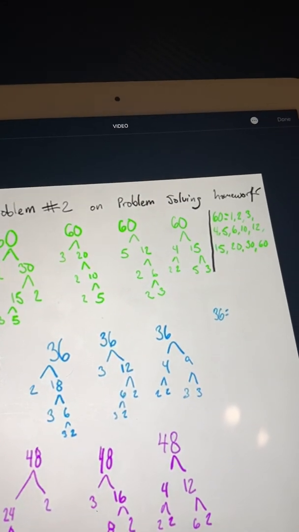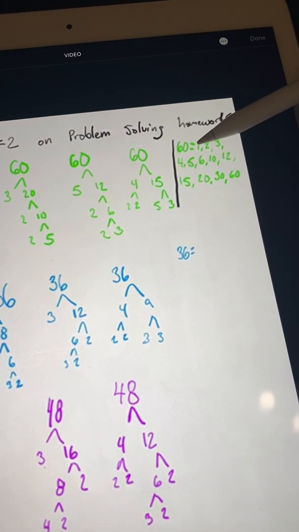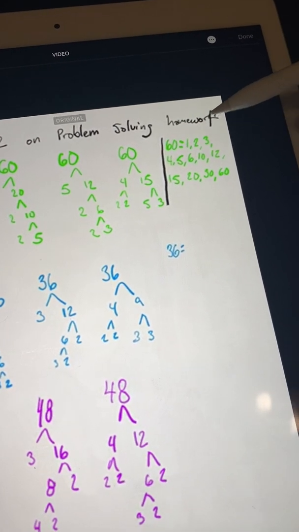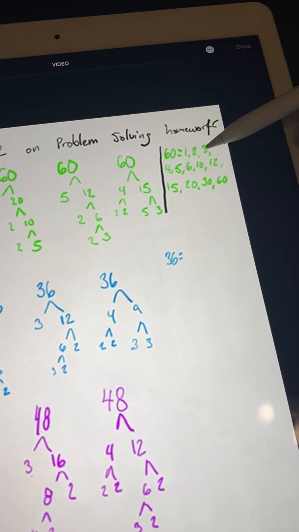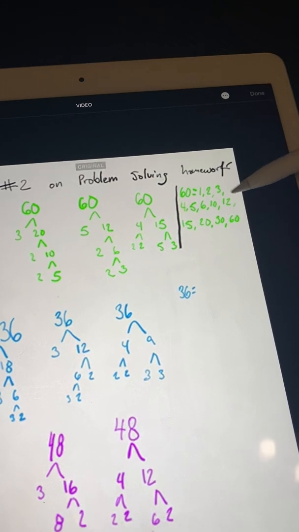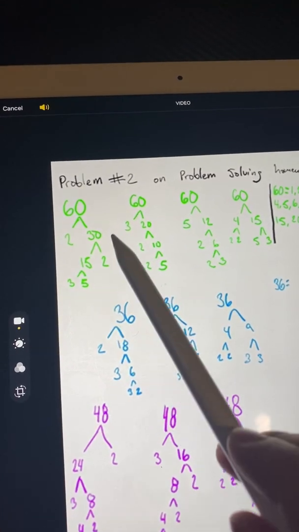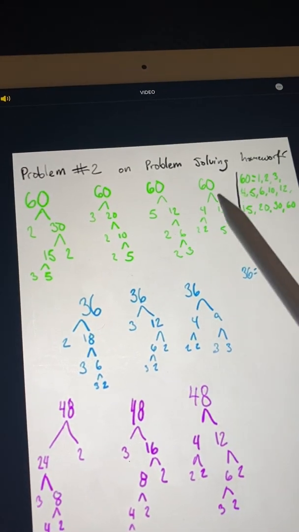Okay, so those are the numbers. So of course, 1 times 60, right? 60. So you got the 1, you got the 60 over here, you got the 2, the 3, the 4, the 5, the 6, the 10, the 12, 15, 20, 30, 60. So all these numbers that are here are numbers that I got out from all the divisions that I could make here.